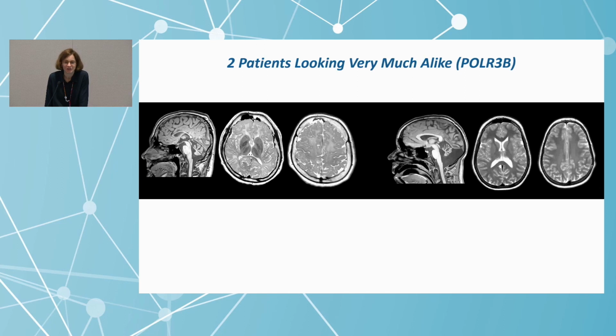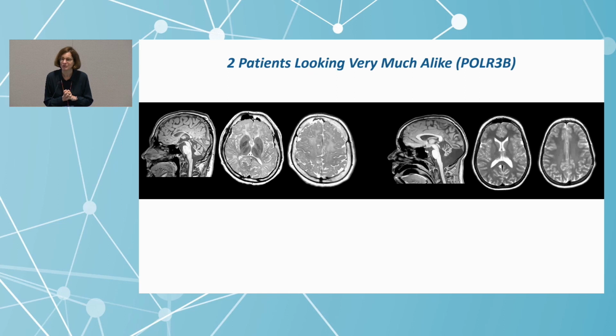Many of them are very friendly. Some of them have quite some autistic features, which is also an under-recognized part of the presentation. But without being dysmorphic, their facial features are very much similar. And they are ataxic, so these patients look quite alike, but are still different.